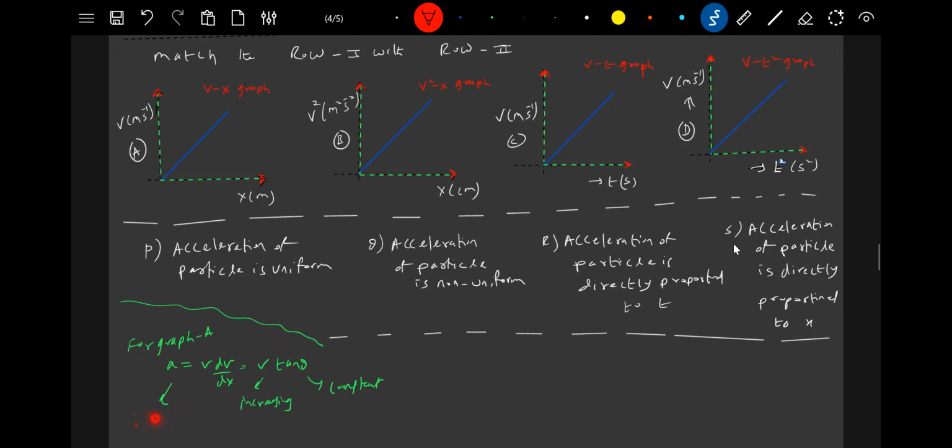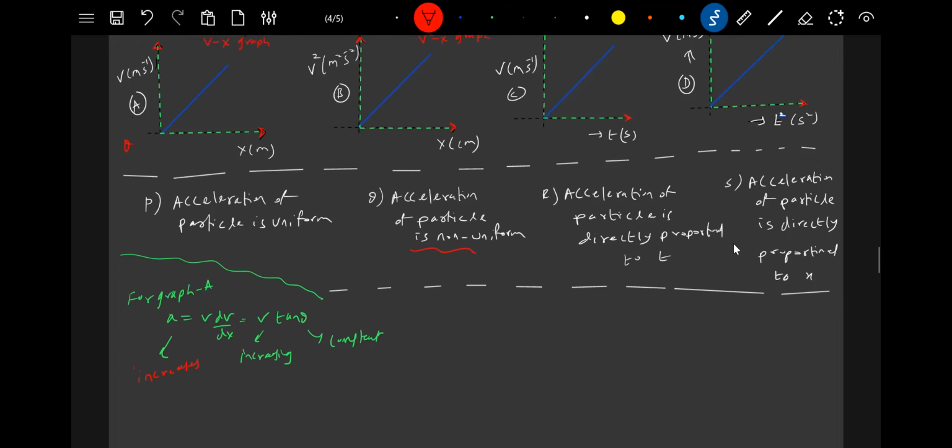If this increases, shall we pick up this? So therefore, what are the options? A, I'll write it as Q. Let's see what other things there are now. How is it proportional with time, it is asking.